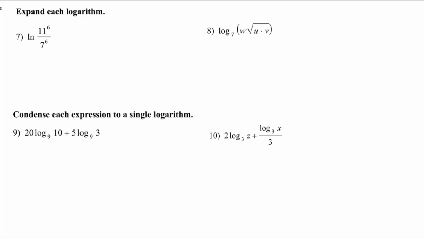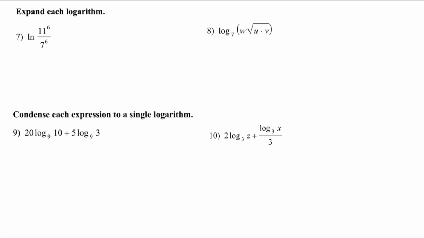Now, the way we do this with expanding and condensing is when you have more than one thing inside of a logarithm, if they're being separated by division, like in number 7, you can separate it into 2 logarithms with subtraction. If they're being put together with multiplication, like number 8, then you can separate them and you put addition in between. So there's a connection between subtraction and division, addition and multiplication.